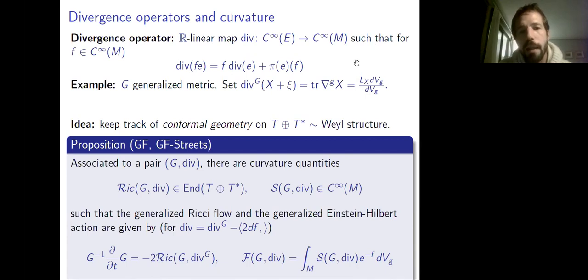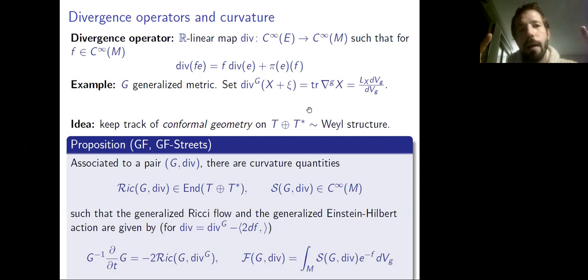And it is interesting the way these operators appear, because in a sense they are keeping track of conformal geometry on tangent plus cotangent. You see, on tangent plus cotangent I have an ambient metric, an ambient pairing.